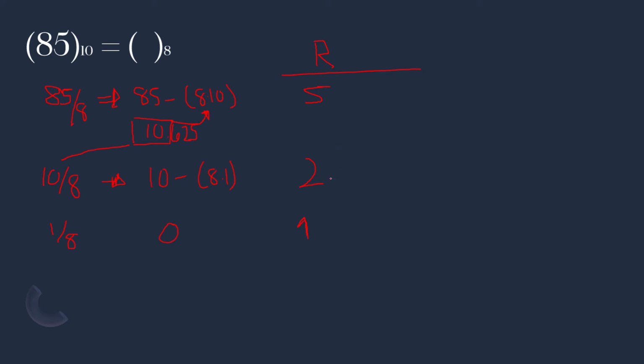That's how we get our 2. Then we are left with 1, and 8 doesn't go into 1 whatsoever. So quotient 0, and we still have this value, which is our remainder. So we read it going up. So 125 in base 8 equals 85 in base 10.